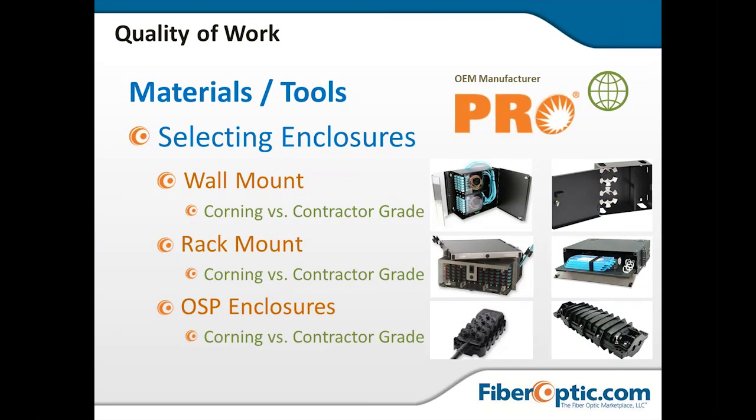And then when you get out in the field, all you have to do is pull that cable into another splice location or a splice box and splice that in, and you've got a very clean, professional installation.